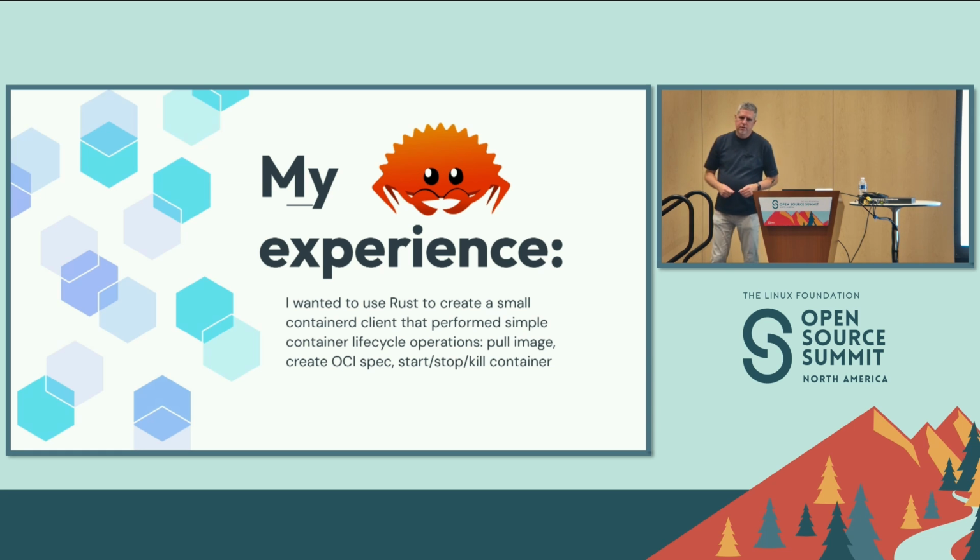Pull an image, create a container, start a container, get some statistics from it, be able to stop and kill that container. So very, very simple things that I wanted to drive through Containerd's API. And in Go, we have a Go client that I simply import, and I can write a 100-line Go program that will do all these things fairly straightforwardly and simply.